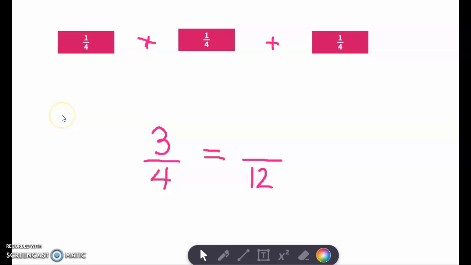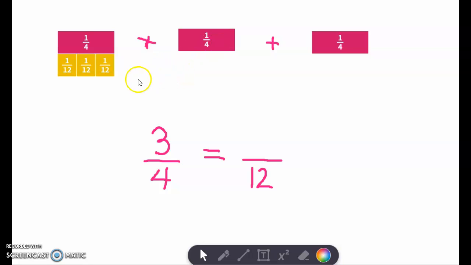So pause the video, pick up your 12th pieces, and figure out how many fit in 1/4. I'll do the same. When I laid out my 12th pieces under my fourth piece, I ended up with 3/12. So there are 3/12 in 1/4, but we have to figure out how many are in 3/4.